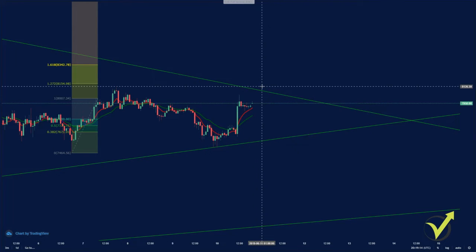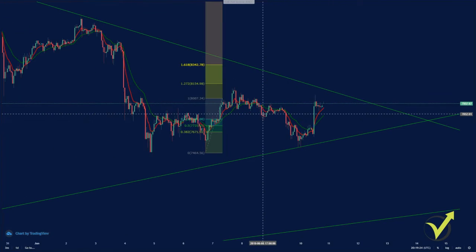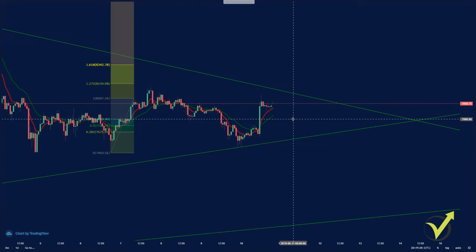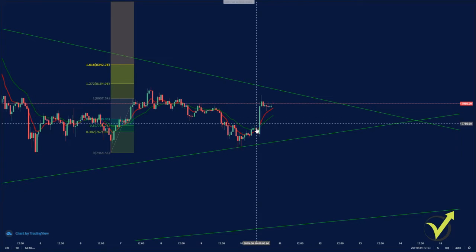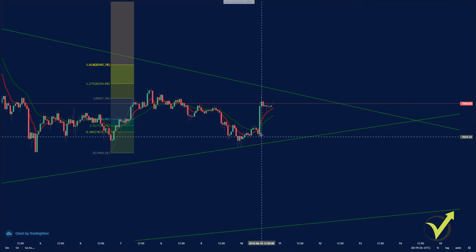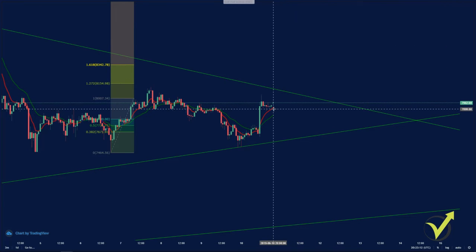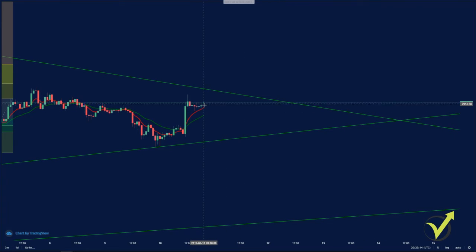Now ideally I am looking for an impulsive break, for an impulsive cross. And what we call an impulsive break is when we have a long candle that closes on the top and we are looking for a gap and a high volume. You can see that with the current candlestick there is a gap.